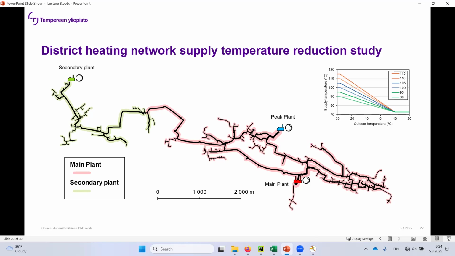And actually what Juhani could calculate with this fluid heat was at what point in time, and where, these secondary and main plant flows meet. And at this instance, it was at this junction. And that's important information related to the flow calculation. So this is in essence something that you have to do.